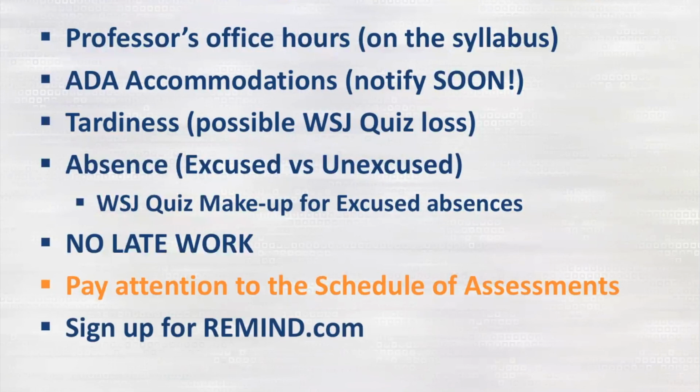One other item that we haven't yet discussed, and that is something called Remind.com. Remind.com allows you to sign up with your cell phone number anonymously so that your professor can text the entire class when there is an urgent announcement. If you would like to be texted when there is an urgent announcement, like possibly a class cancellation, you do need to sign up at Remind.com.